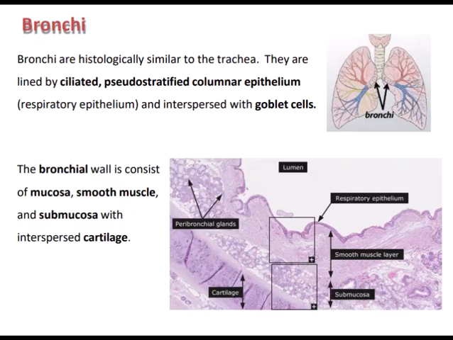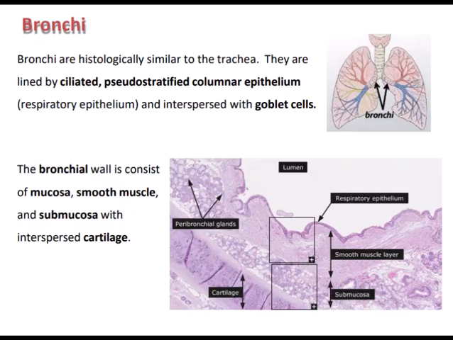And then the lamina propria is loose connective tissue, contains elastic fibers and immune cells. And then we have the smooth muscle layer, well developed circular spiral smooth muscle. Key difference: in bronchi muscle forms a continuous layer. The function is to control airway diameter.